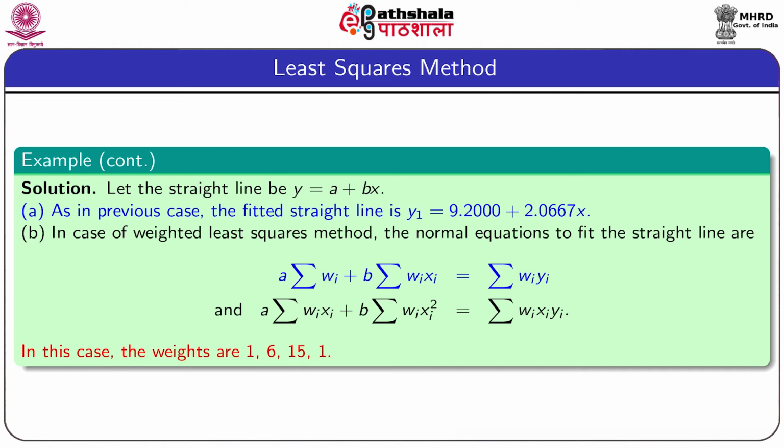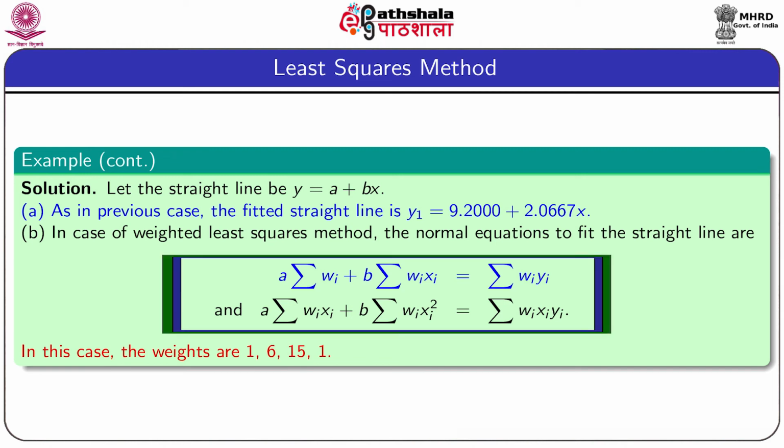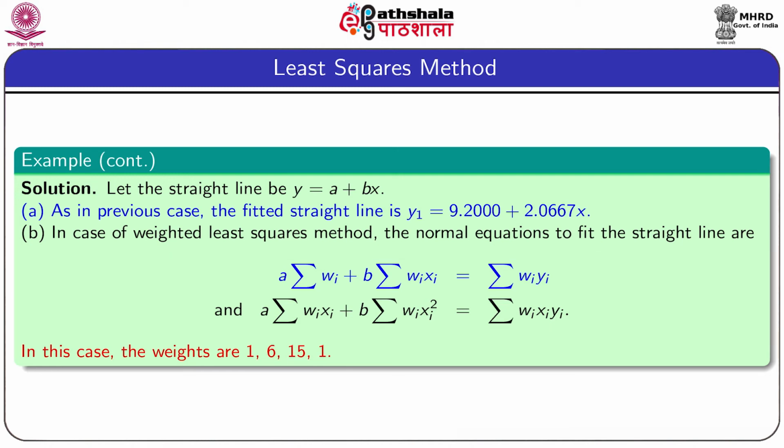The first normal equation is a into summation wi plus b into summation wi xi equal to summation wi yi, and the second normal equation is a into summation wi xi plus b into summation wi xi square equal to summation wi xi yi. In this case the weights are 1, 6, 15 and 1. Note that the first and last sample points have the same weights, these are 1 and 1.